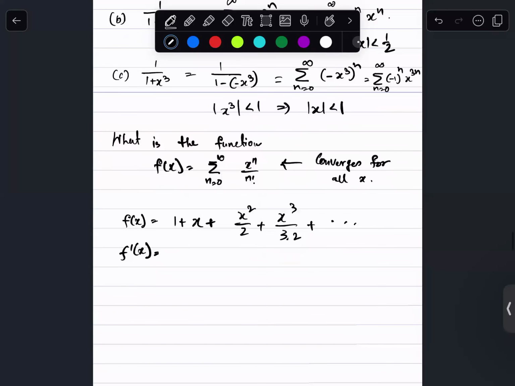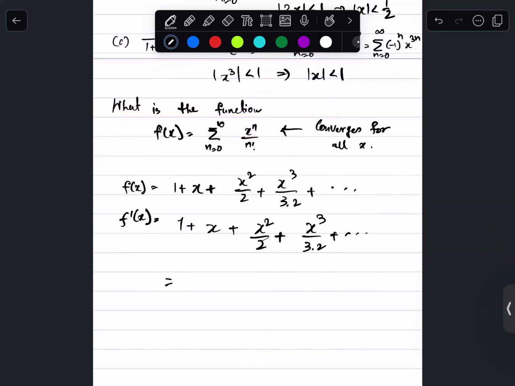What is the first derivative of it? It will be 1 plus, so this term becomes 0, so I'm not writing it. The x, when I take the derivative, gives me 1, and so on. I'll get x squared over 2, then x to the third over 3 times 2, plus so on.